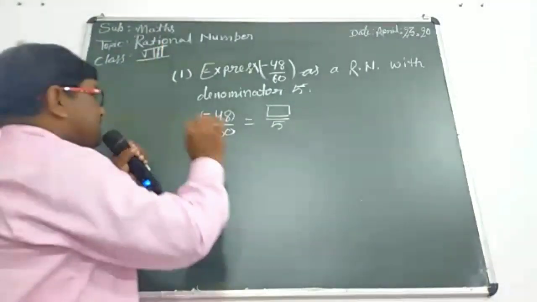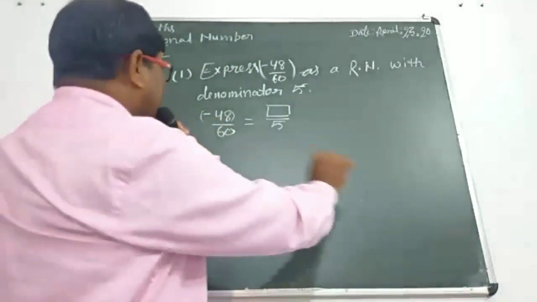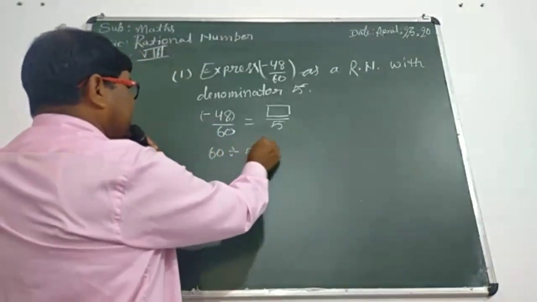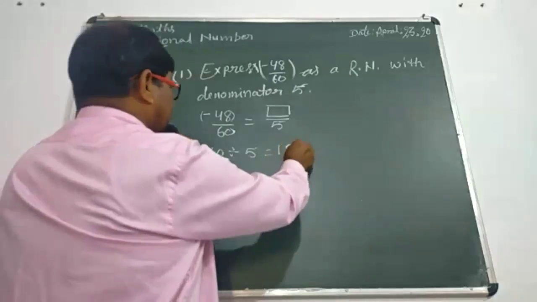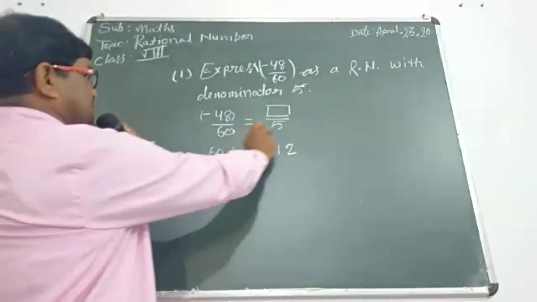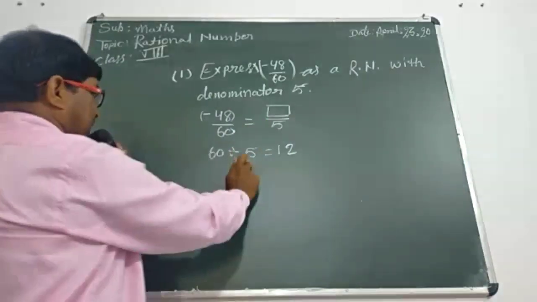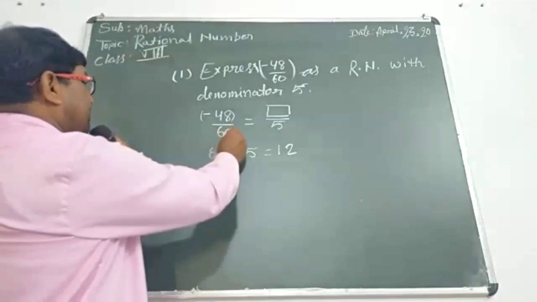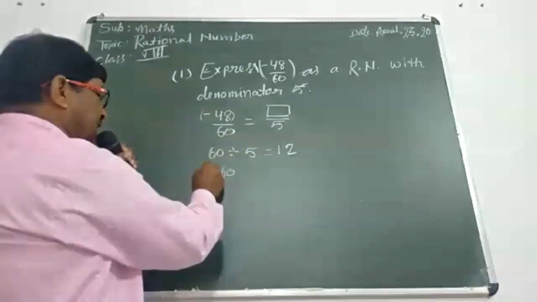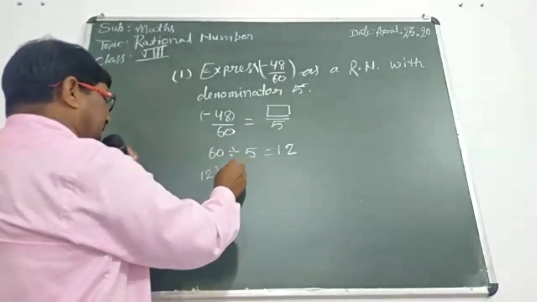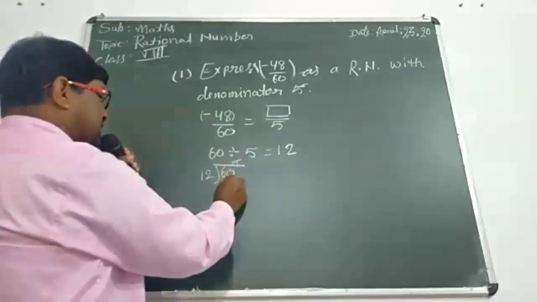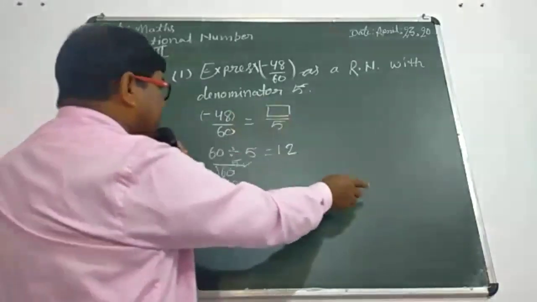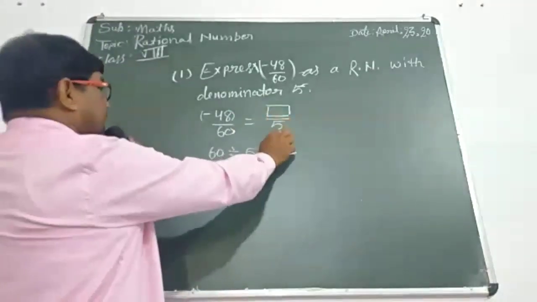Simple general method for this: 60 divided by 5 equals 12. Do you know? 60 divided by 5 equal to 12. If you divide 60 by 12, you will get 5, because 12 fives are 60. So for the equivalent rational number, your denominator is 5.